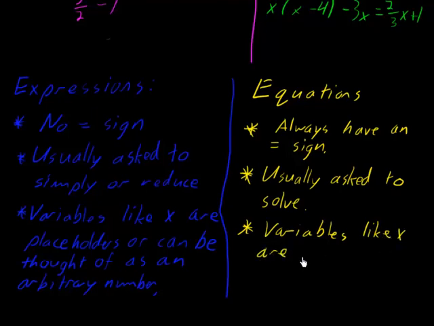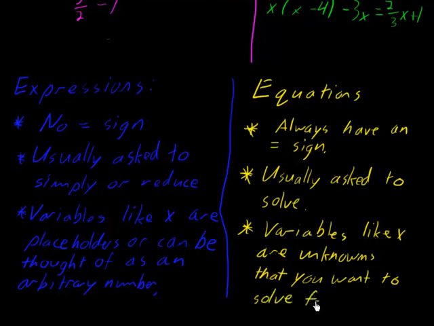So variables like x are unknowns that you want to solve for. So these are kind of the big differences between expressions and equations.